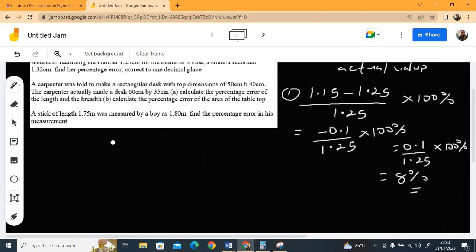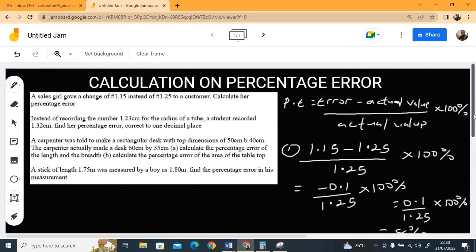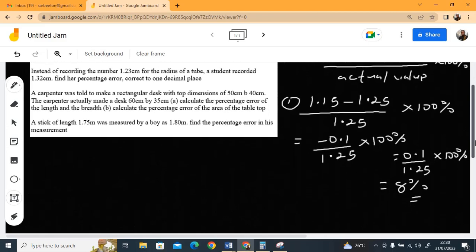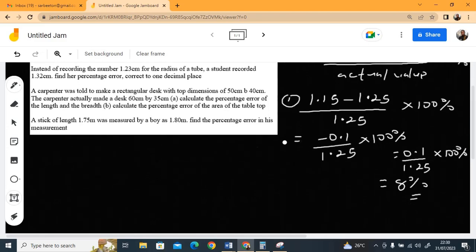Now let's move on to the next one. It says instead of recording 1.23 for the radius of a tube, a student recorded 1.32. Find the percentage error. This one is also simple. This is the actual value here, what the student should record, but he recorded this.